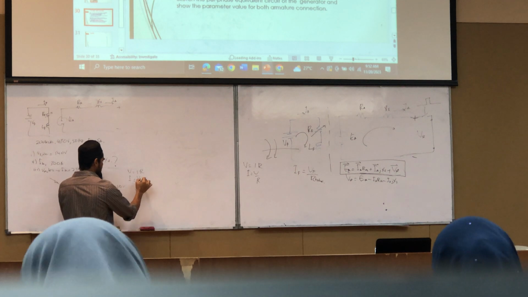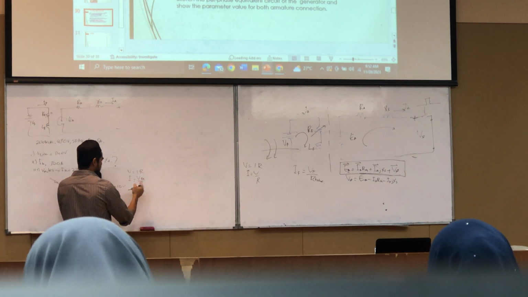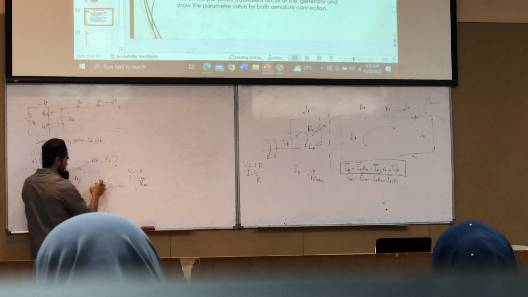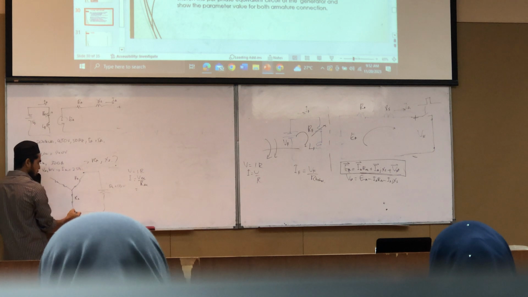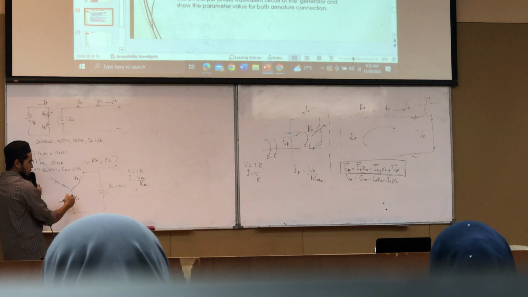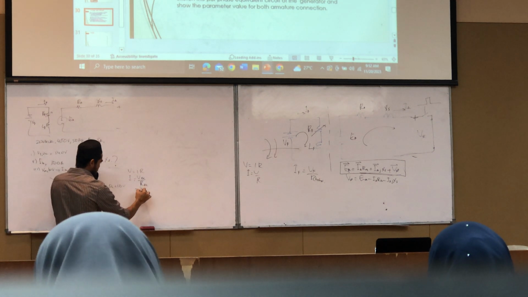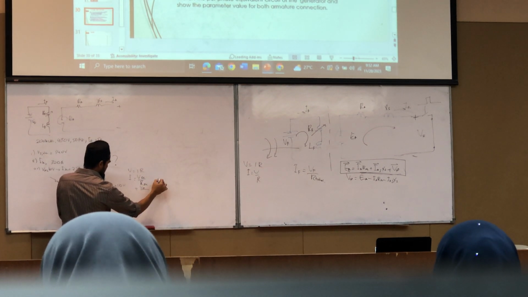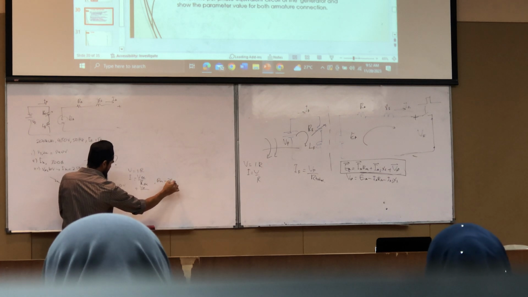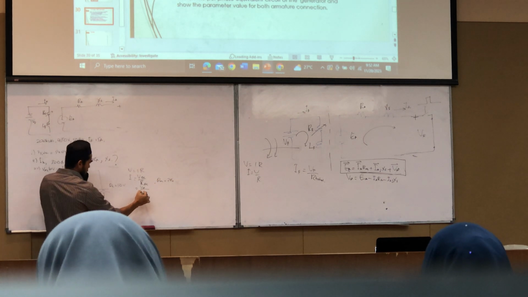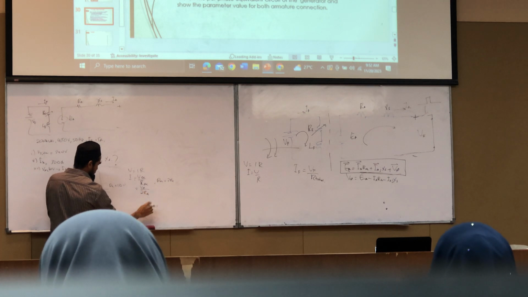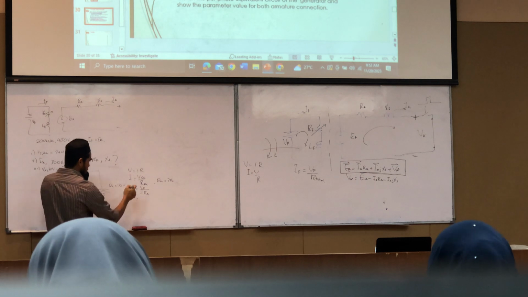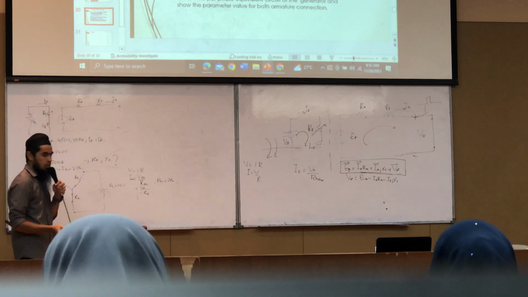So V here we have a VDC. R here we have RDC. So RDC is R from here to here. But this RDC is equal to 2RA. So this is your IDC.